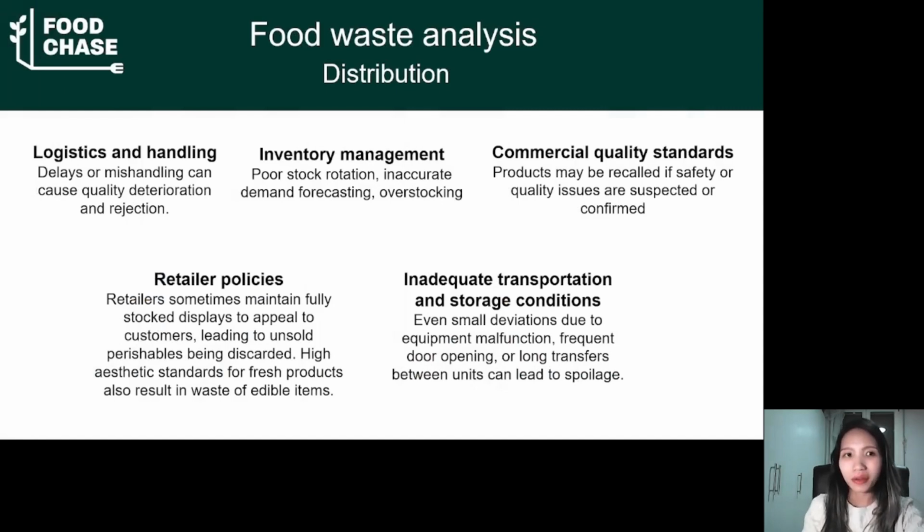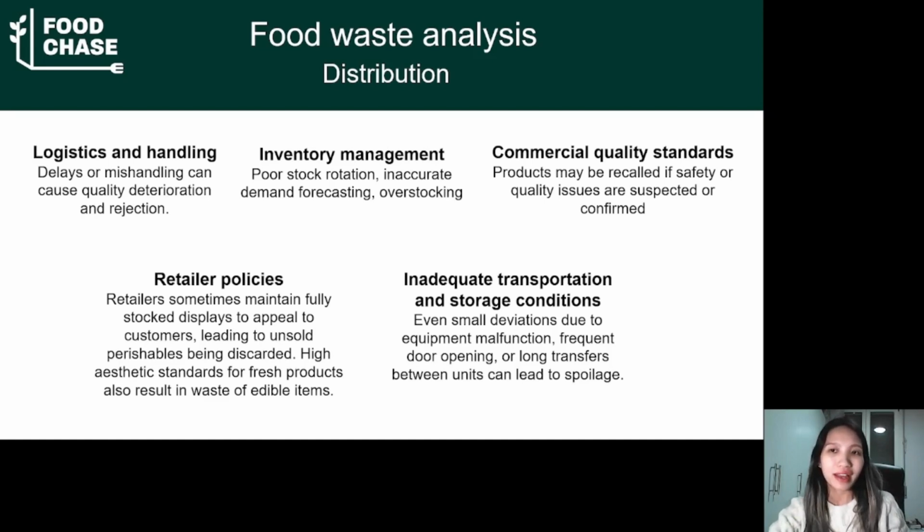During this stage, a delay or mishandling during logistics can cause the rejection of the product. The inventory management is very important because poor stock rotation, inaccurate demand forecasting, or overstocking can lead to the expiration of product and eventually the elimination.